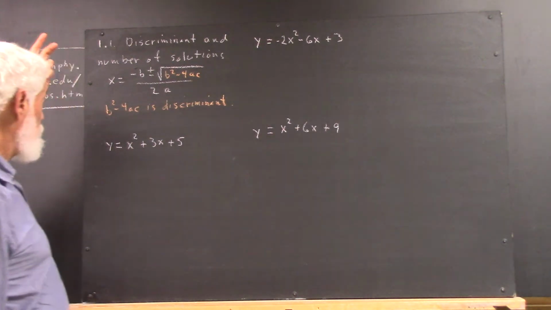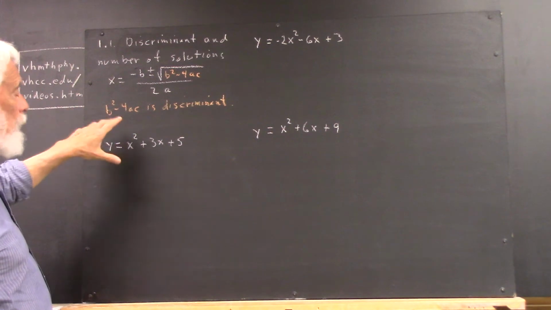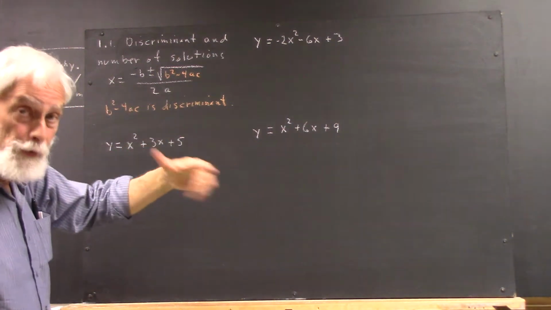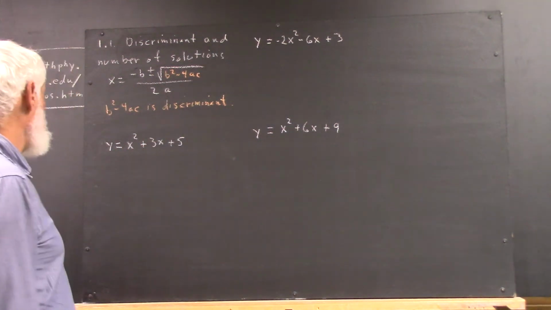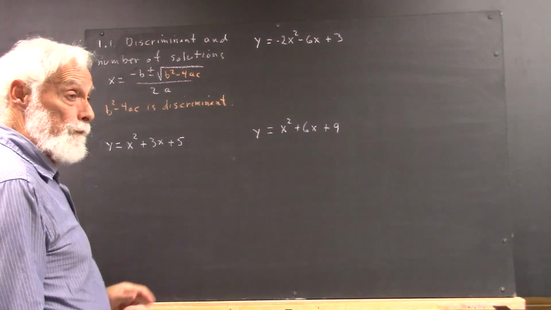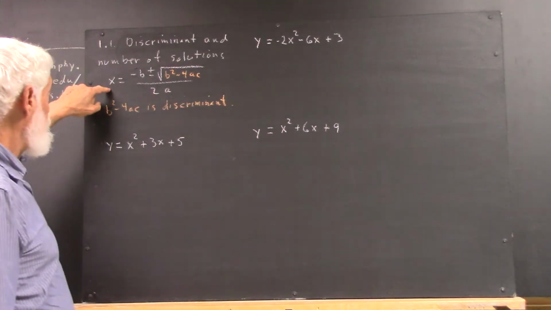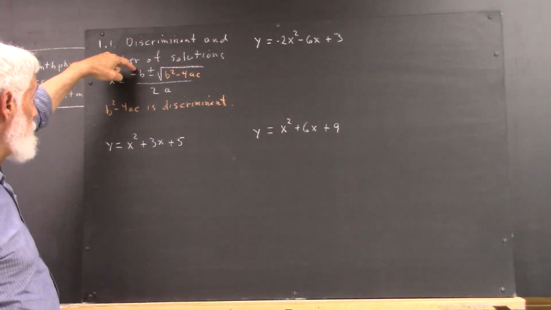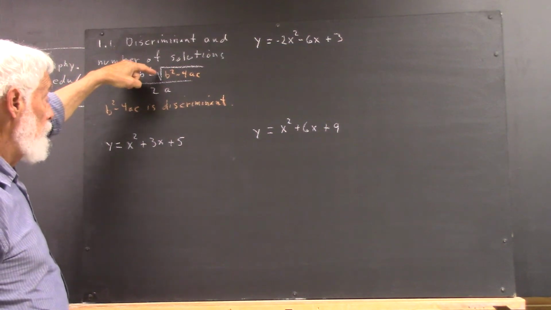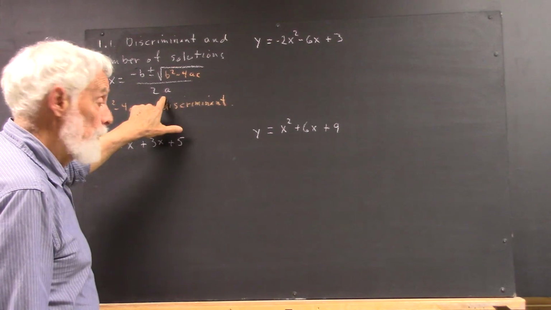In any case, the quadratic formula says an equation of the form y equals ax squared plus bx plus c, the standard expanded form of the quadratic, is 0 if and only if x is equal to negative b plus or minus the square root of b squared minus 4ac, all divided by 2a.